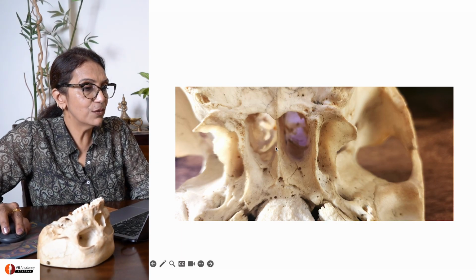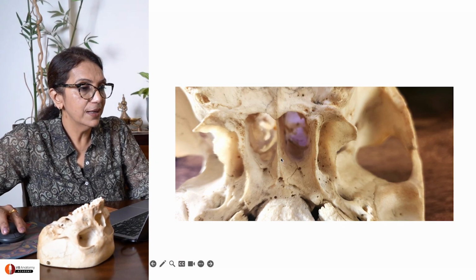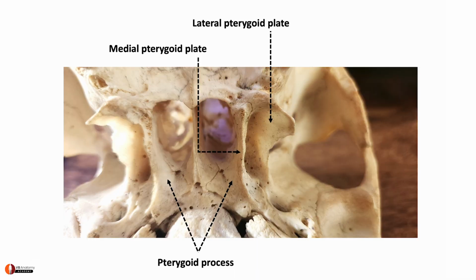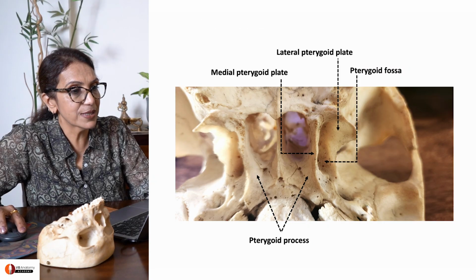Here is the Vomer for you to get oriented, and on either side of the Vomer, you are seeing the two pterygoid processes, each made up of a medial pterygoid plate and a lateral pterygoid plate. And in between the two pterygoid plates, you can see the pterygoid fossa.